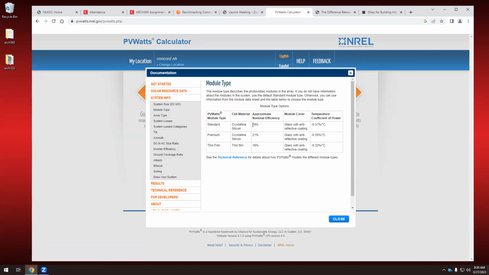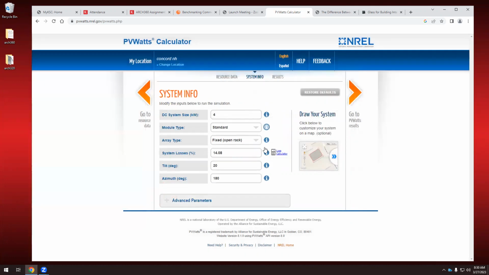The standard crystalline technology has an efficiency of 19, this is 21, and this is 18. Again, very optimistic. Especially the thin film, we can have 18% efficiency with thin film technology. So let's stick to the standard technology.